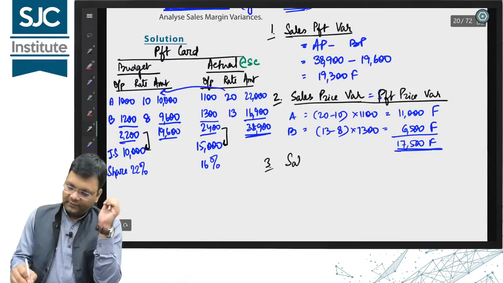Third is sales volume variance or profit volume variance.